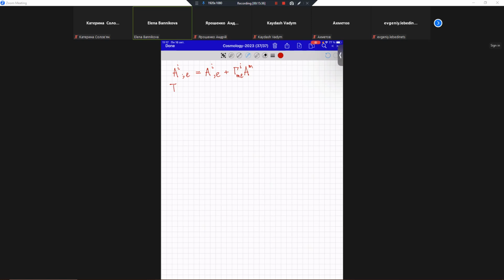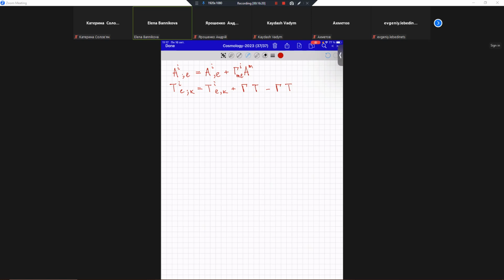For example, we have a mixed tensor of the second rank, index i, index l, and the covariant derivative by k equals T^i_l, just a derivative, plus, and after this we write the construction, gamma T minus gamma T. Now we need to distribute the indexes. Please check everything, not to make a mistake here.